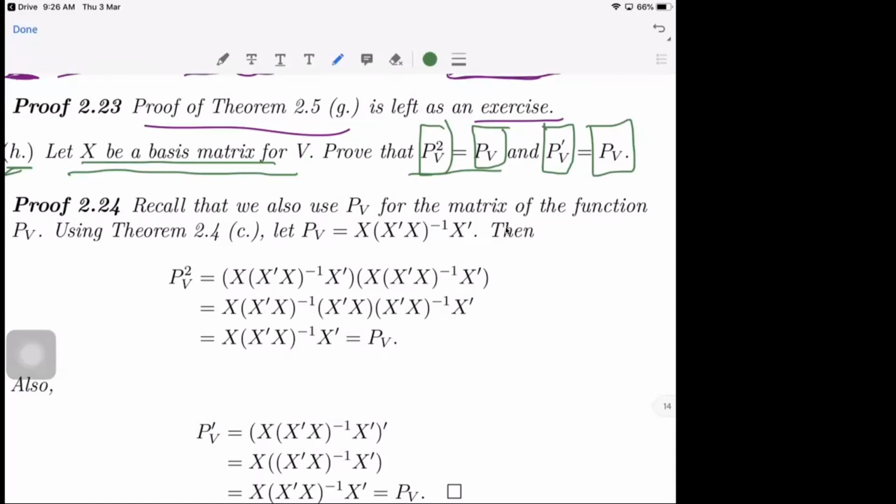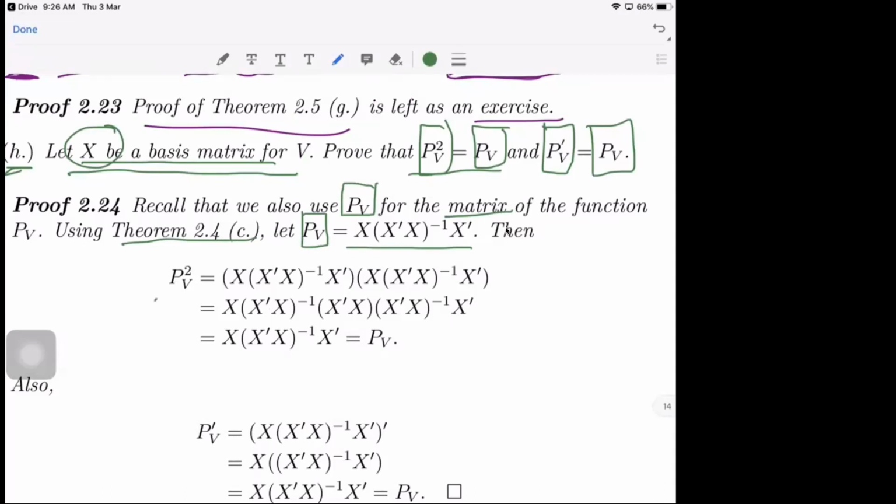So recall that we use this notation as a matrix notation for the function of FB. And from theorem 2.4C, the projection, if X is a basis matrix, can be written in terms of X as X prime X inverse X prime.